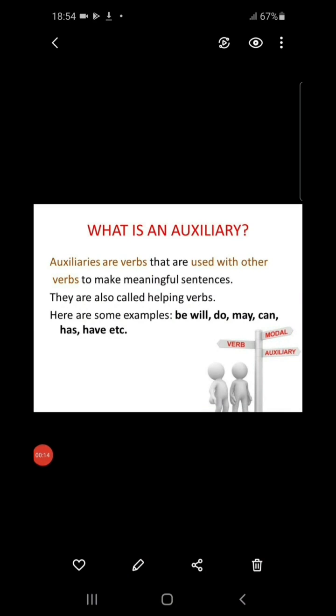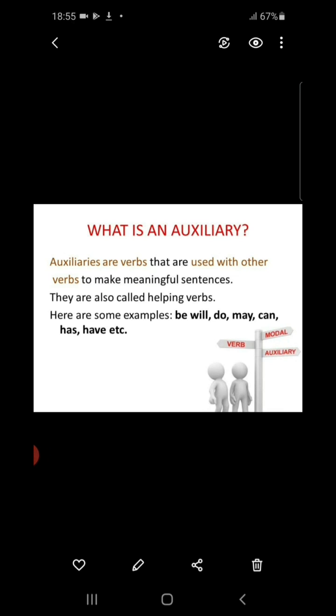Next, look at the meaning of an auxiliary or auxiliaries. Auxiliaries are verbs that are used with other verbs to make meaningful sentences. They are also called helping verbs.